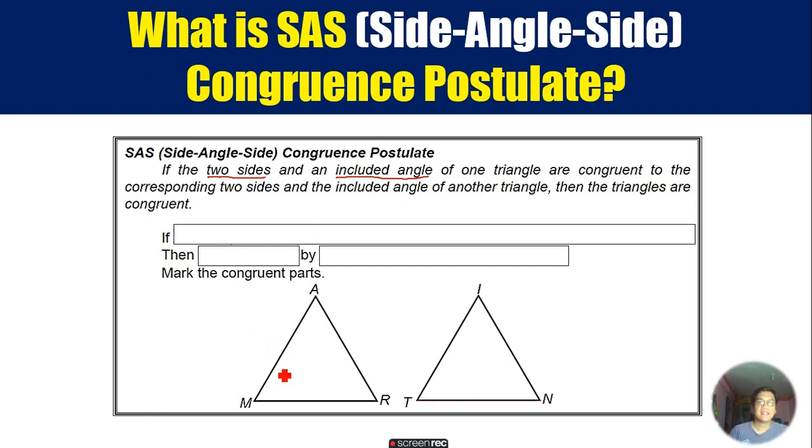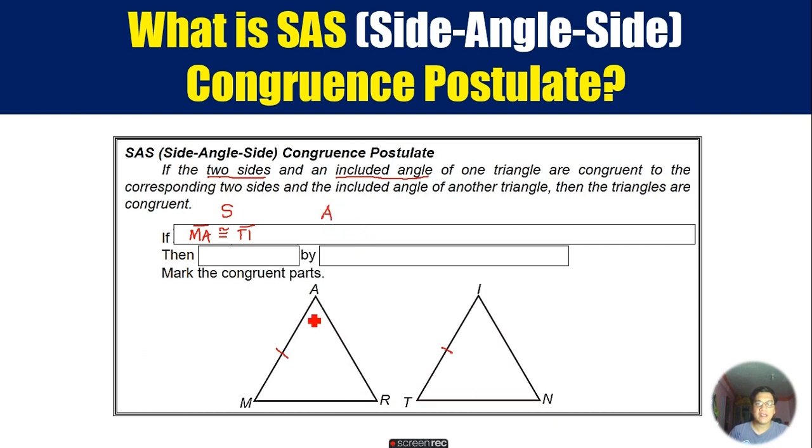Okay, so let's see. If we have these two triangles, how are we going to illustrate the SAS congruence postulate? So if I'm going to get this side and pair to this side, so if side MA is congruent to side TI, that's your side. Now, we need to get an included angle.